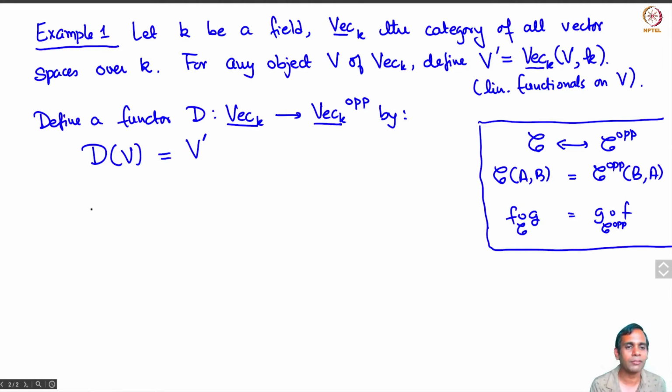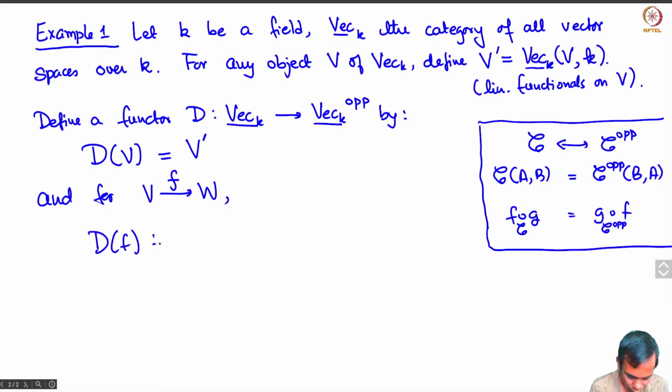And then I need to define what D is on the level of arrows. And so what I need to say is what is D of f. So maybe let's just say for each f from a vector space V to a vector space W, suppose you have a K-linear map f, then I need to define Df.